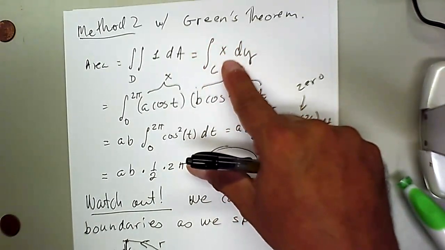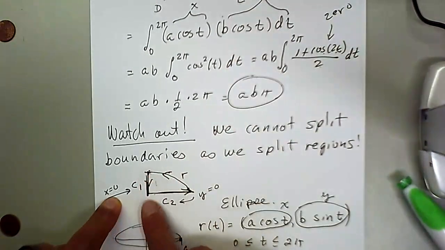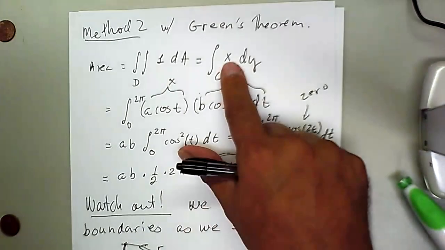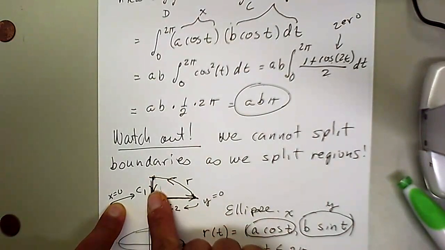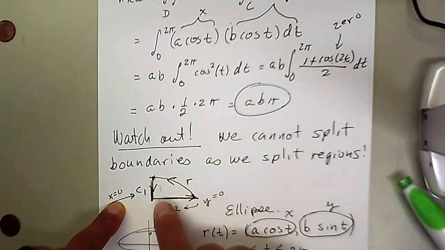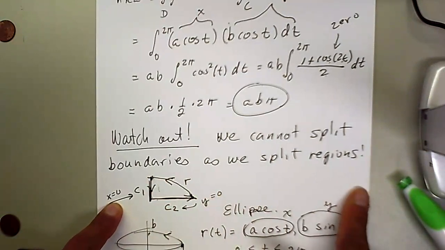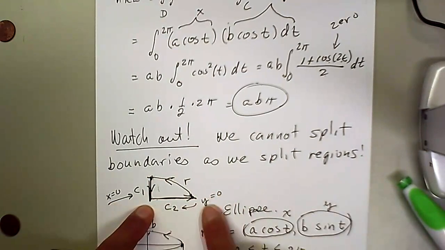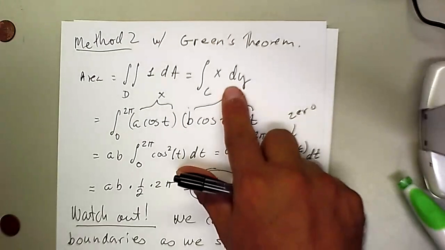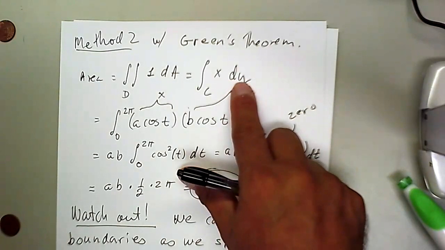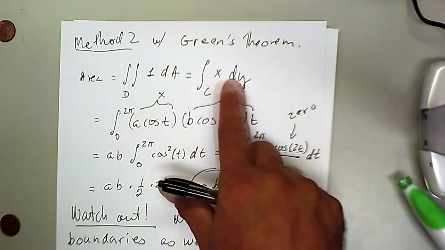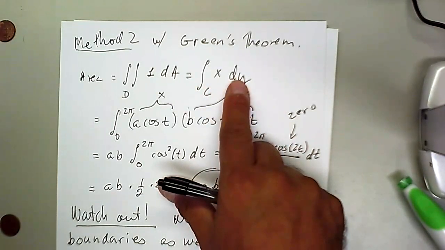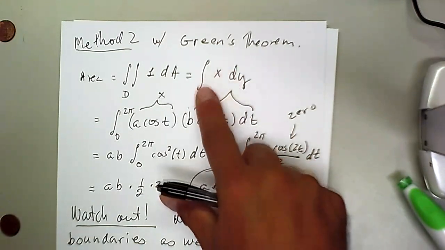It should be included initially if we want to split, but x is 0 on this boundary, so that saves us in the sense that we're not adding anything, we're adding 0. On C2, y is 0, and so the differential is also going to be 0. When either the integrand or the differential is fixed, then the integral is going to be 0.